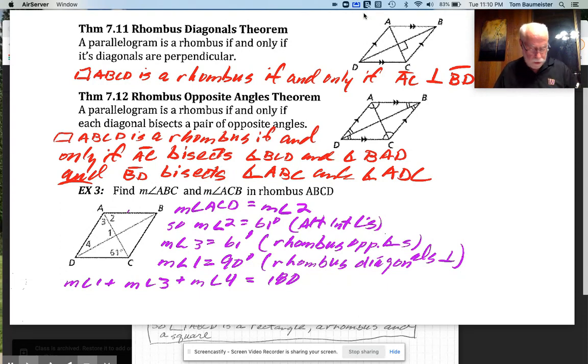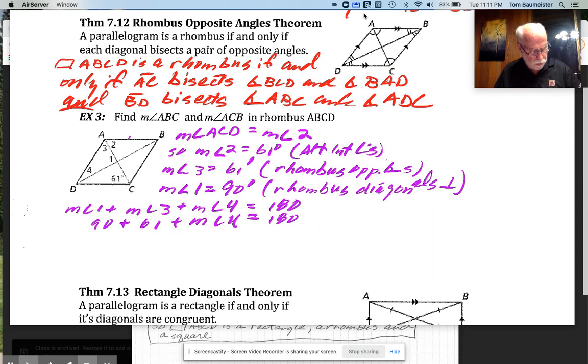So 90 plus 61 plus the measure of angle 4 is equal to 180 degrees. We know that 151 plus the measure of angle 4 is equal to 180 degrees. So again, if I subtract 151, we'll get that the measure of angle 4 is equal to 29 degrees.